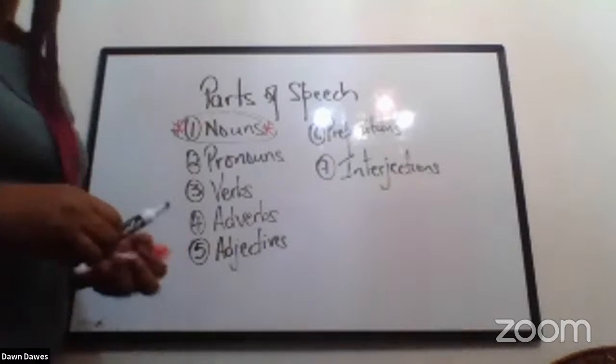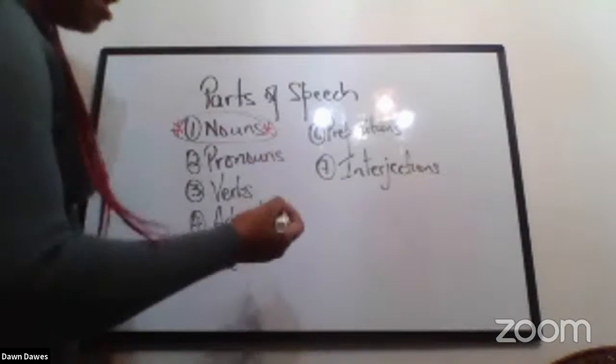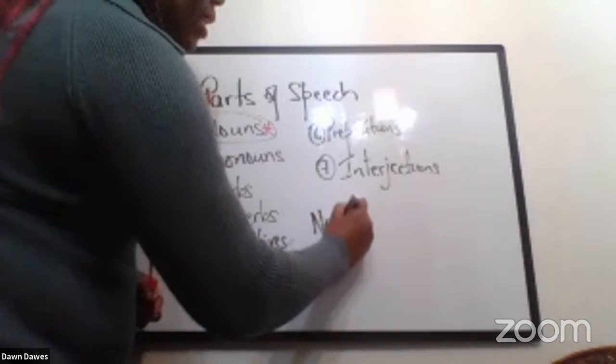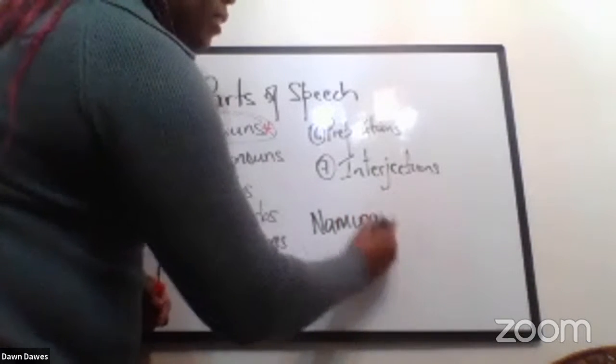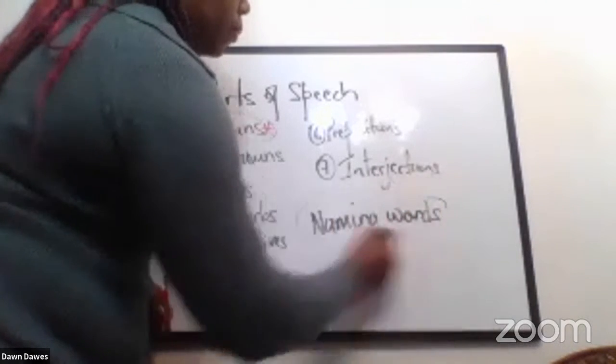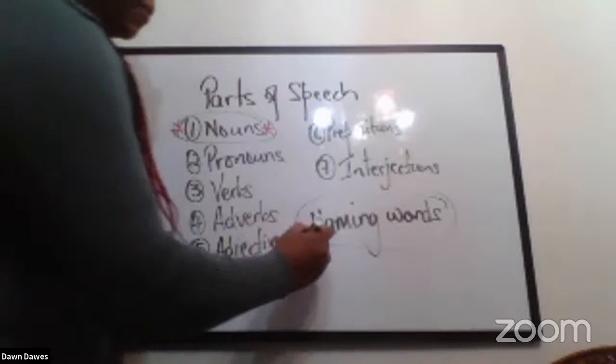So we said that nouns are naming words. Simply put, naming words. And we have different kinds of nouns.